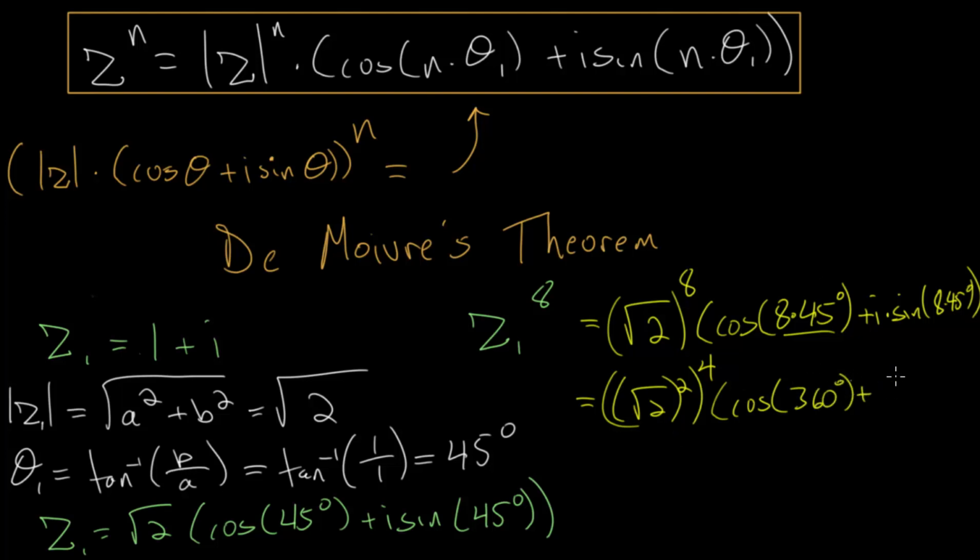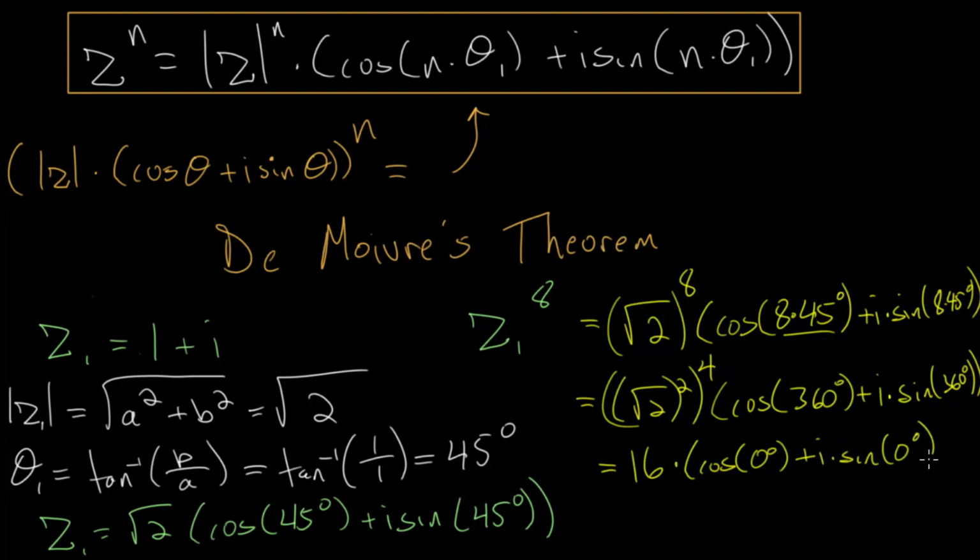So this will bring us back to the positive real number axis, and we get plus i times the sine of 360. And the square root of 2 squared is just 2. So we have 2 to the 4th power, which is 16. So we get 16 multiplied by the cosine of 360, or the cosine of 0, since 360 and 0 are the same angle.